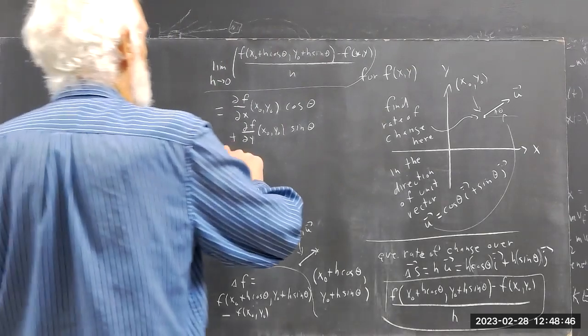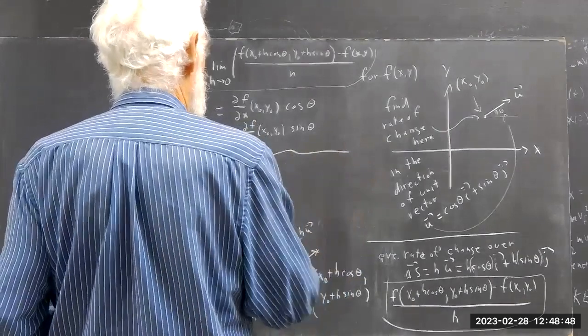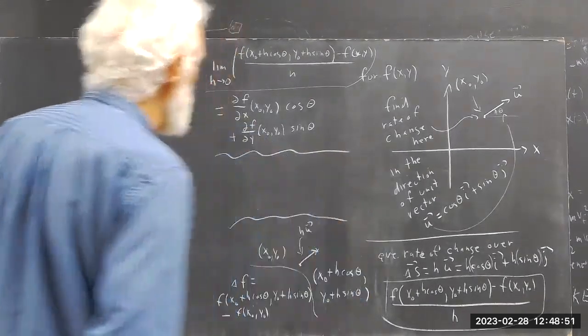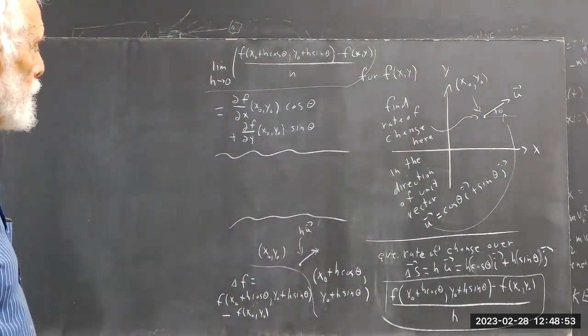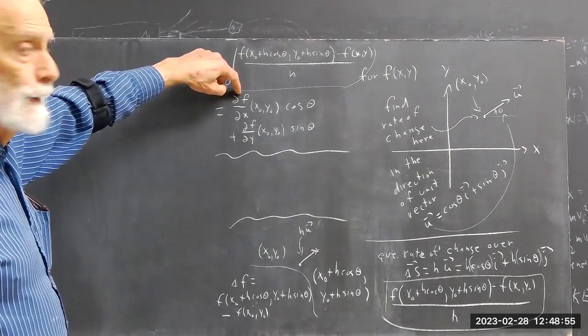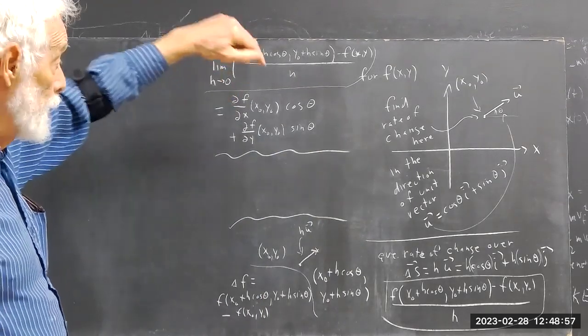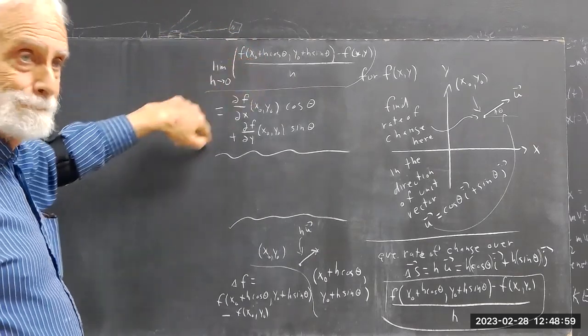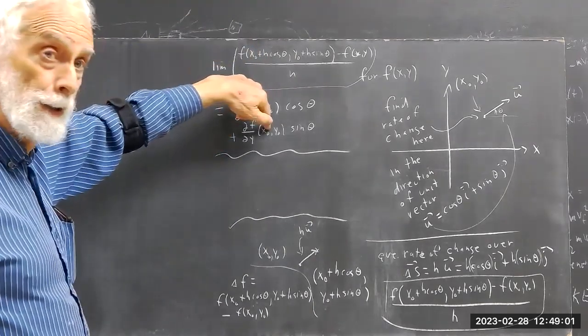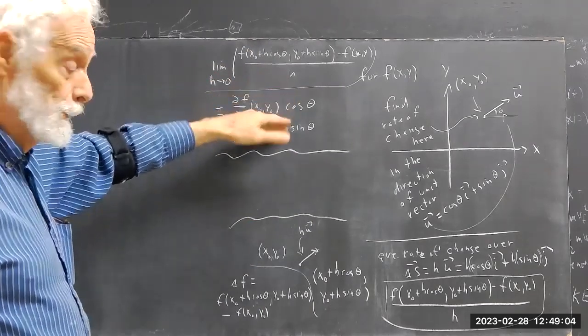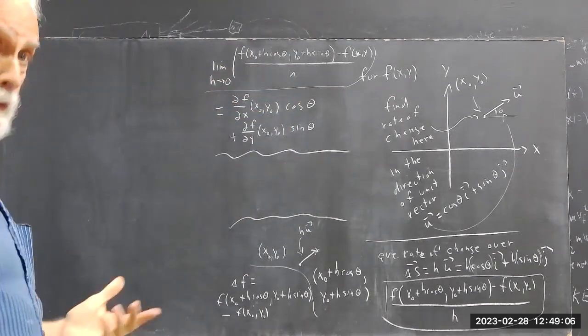Okay. What this means, take the partial f with respect to x, evaluated at x naught y naught, and the partial derivative with respect to y, evaluated at x naught y naught. Okay, I can write this in slightly different form.